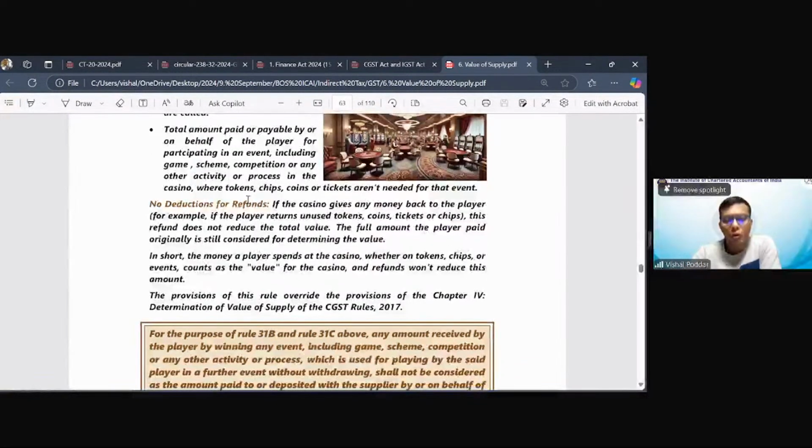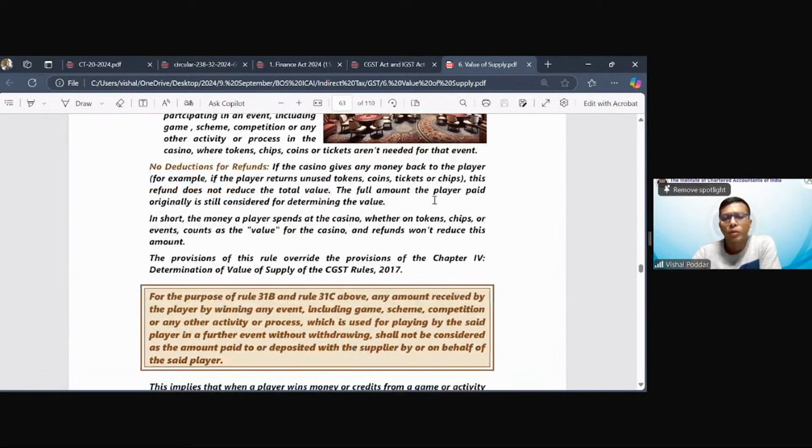Fine. No deduction for refunds. If the casino gives any money back to the player, for example, if the player returns the unused tokens, coins, tickets, chips, this refund does not reduce the total value. The full amount the player paid originally is still considered the value.